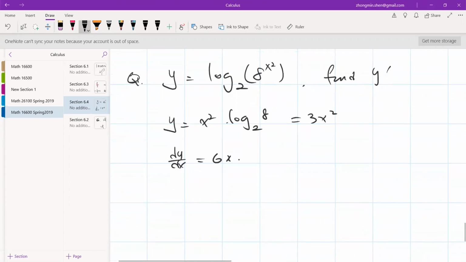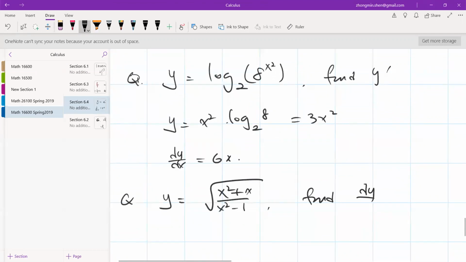How about we can also apply natural log functions to find the derivative of some complicated functions. For example, y equals the square root of x squared plus x over x squared minus 1. Find the derivative of y with respect to x.